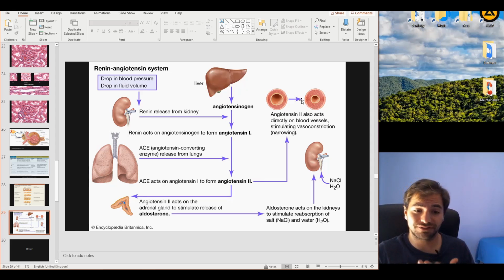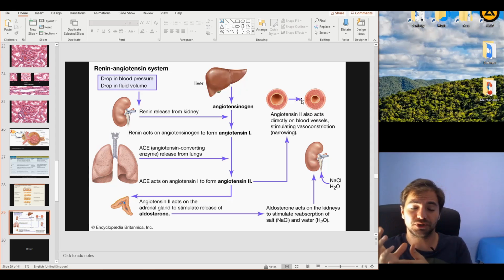Because aldosterone increases the reabsorption of mostly sodium. And as a consequence, because we have a higher amount of sodium in the interstitial area, we're going to have increased reabsorption of water. Because I told you before, water and ions should be considered as a unit.